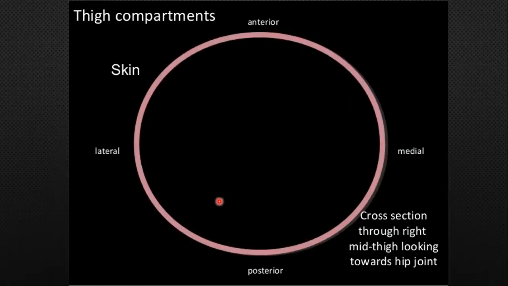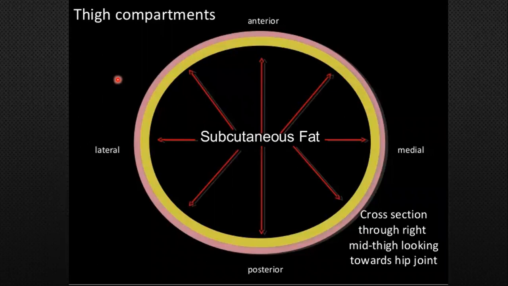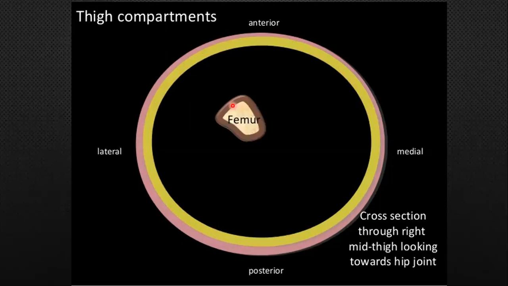Okay, if we take a cross section of the thigh, then starting from outside, the first layer in our path is the skin, and then deep to the skin, subcutaneous tissue and the fascia of the thigh.